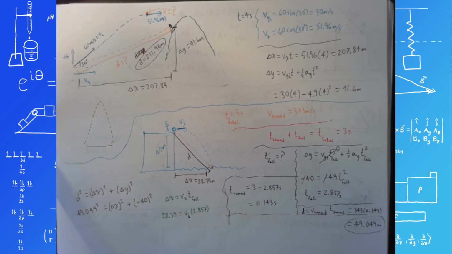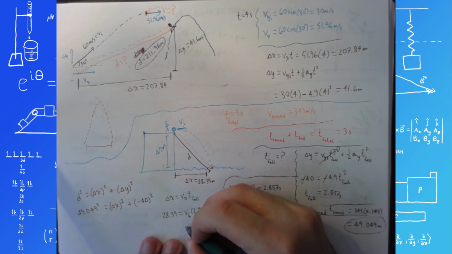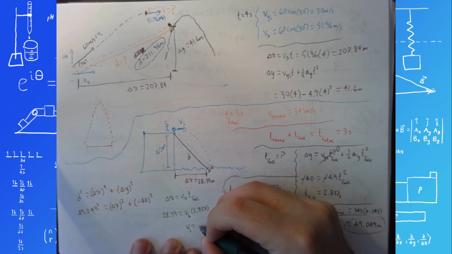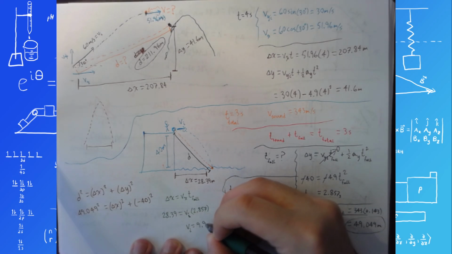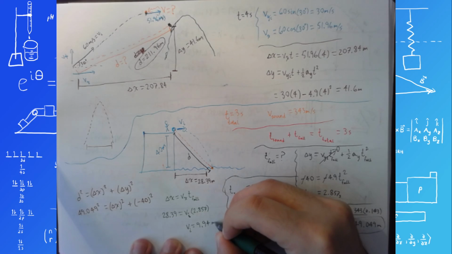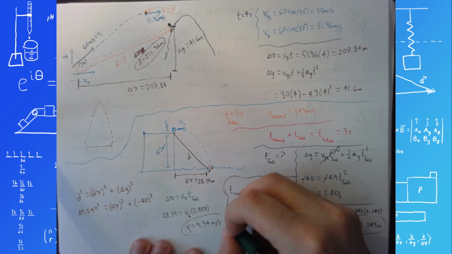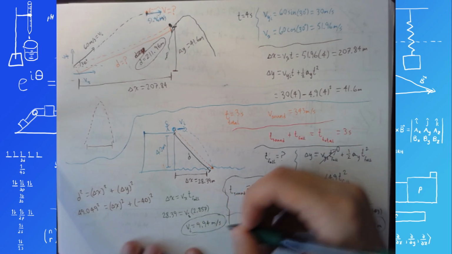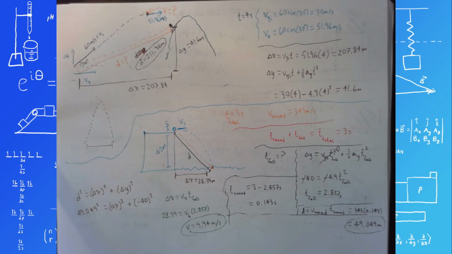I'm going to say 9.94. So V initial is about 9.94 meters per second. And there you go, there's the problem we left off with last time.